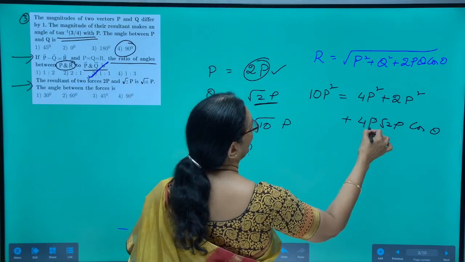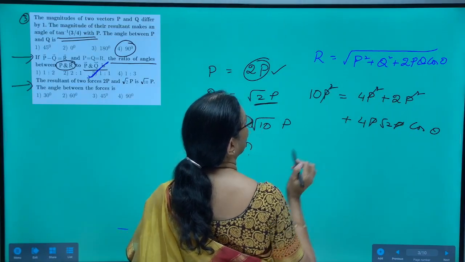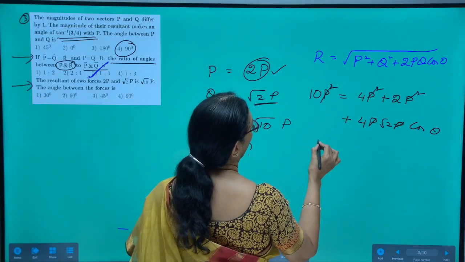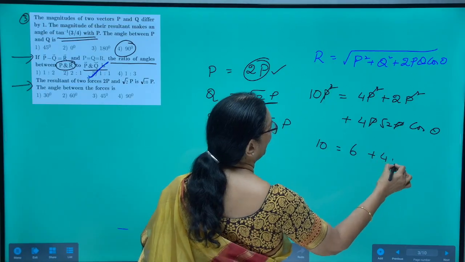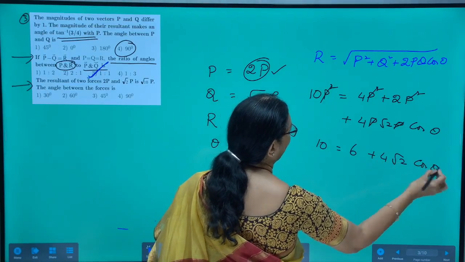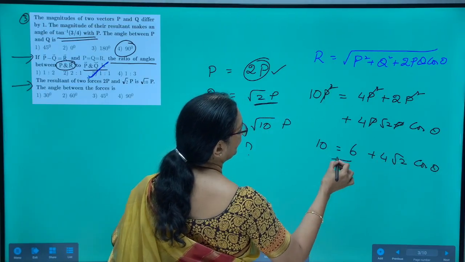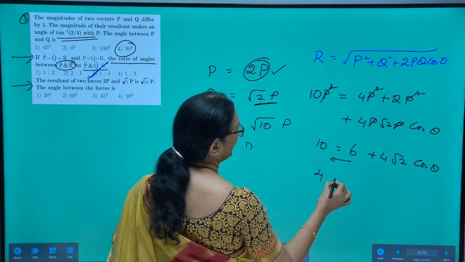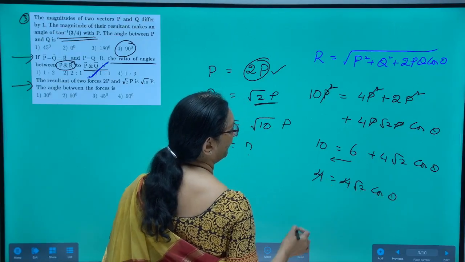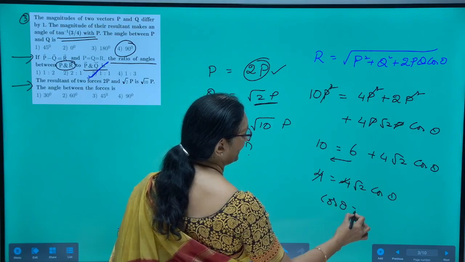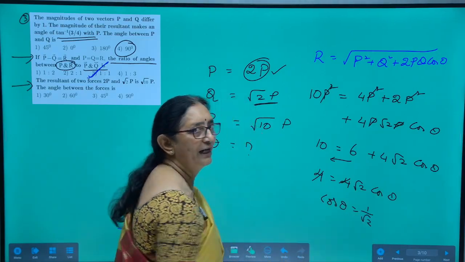Here P square, you can just take as a common factor outside. So, 10 is equal to 4 plus 2 is 6, plus 4 root 2 cos theta. If you bring this to this side, 4 is equal to 4 root 2 cos theta. 4 and 4 get cancelled. Cos theta is equal to 1 by root 2.